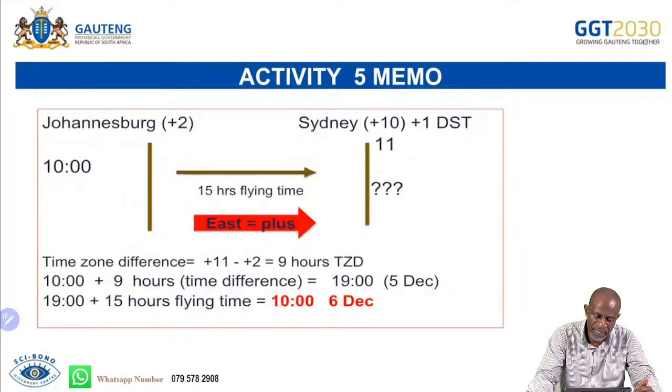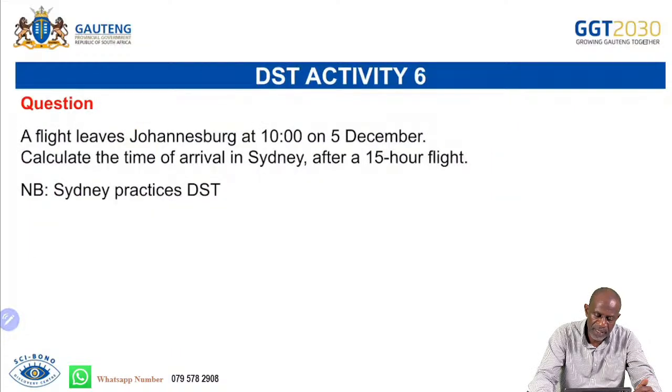And this is the memo for another calculation. Let's see if we cannot find the right one. It is not here. We'll revert back to the question and do the memo.